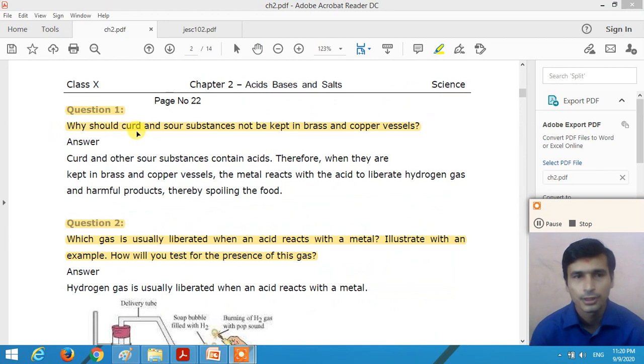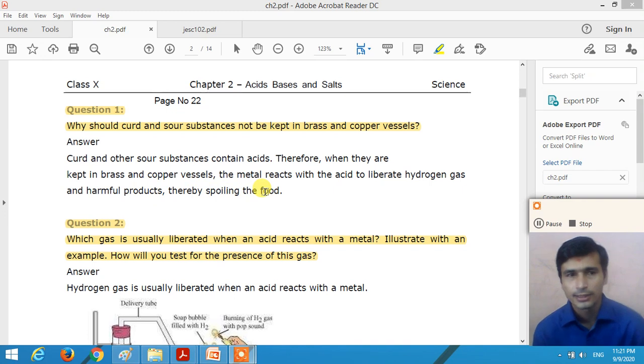Why should curd or sour substances not be kept in brass or copper vessels? We do not put curd or sour substances in a brass or copper vessel. Why? Because curd and other sour substances contain acid, right? Therefore, when they are kept in a brass or copper vessel, the metal reacts with the acid to liberate hydrogen gas and harmful products, thereby spoiling the food, right?